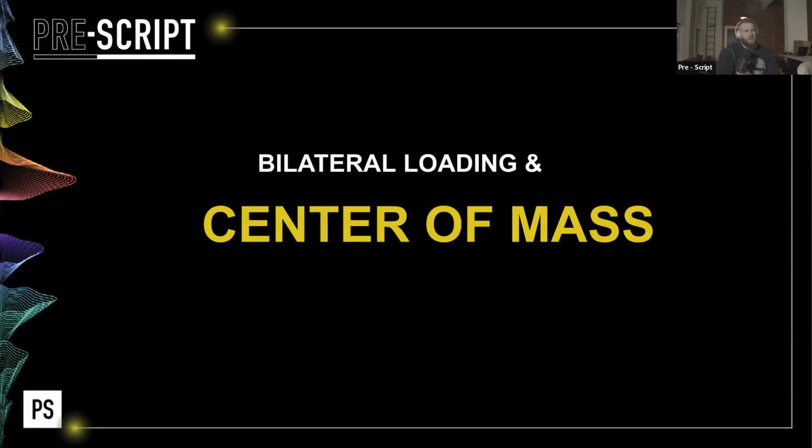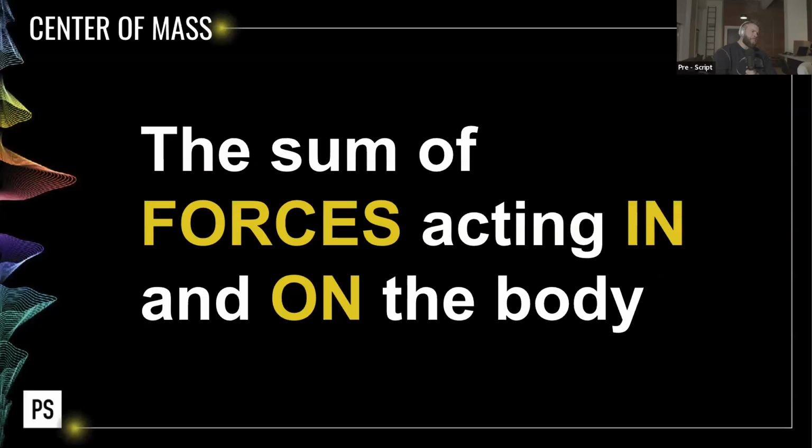So we talked a little bit about unilateral movements. When we talk about bilateral movements, it's going to be the most prevalent example of the principle of center of mass. Now, what is center of mass? Center of mass is the combination of forces, the sum of all forces acting in and on the body. It's really useful to know how someone carries their center of mass.